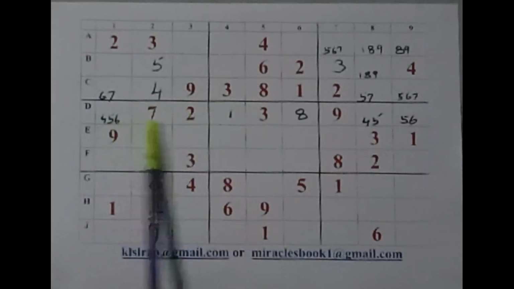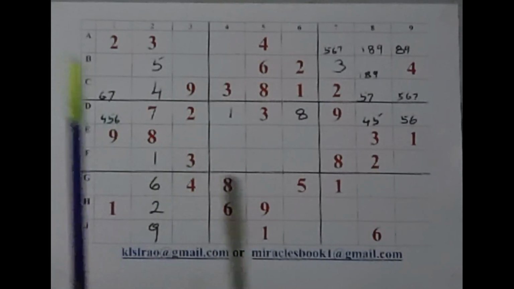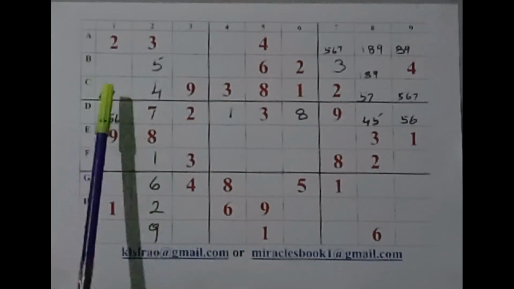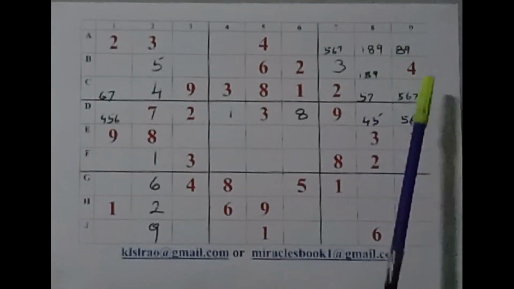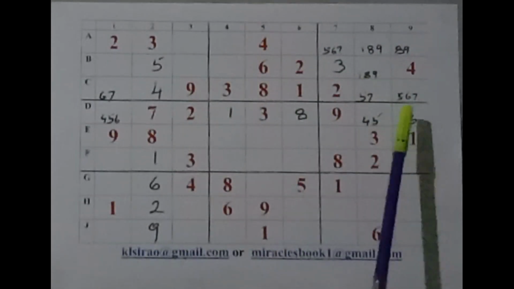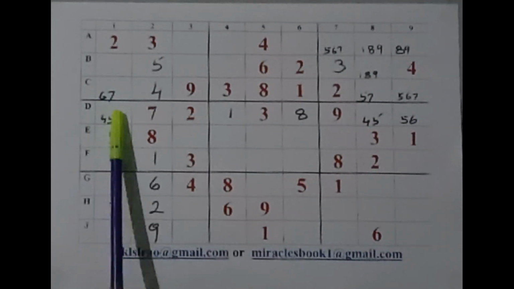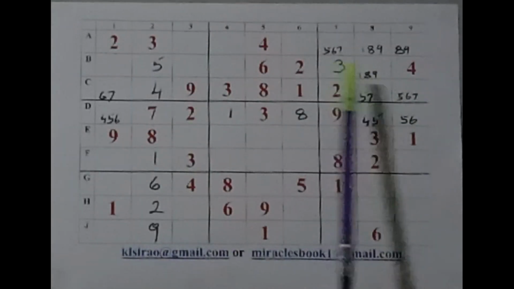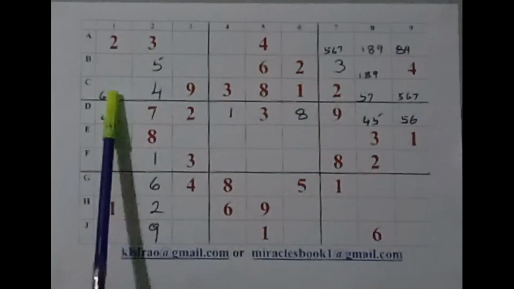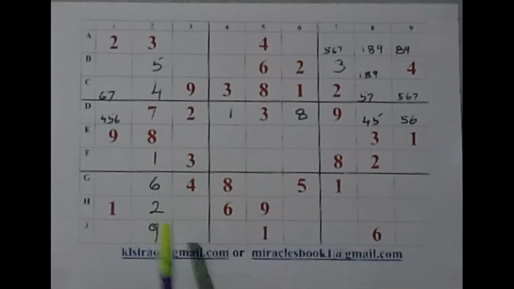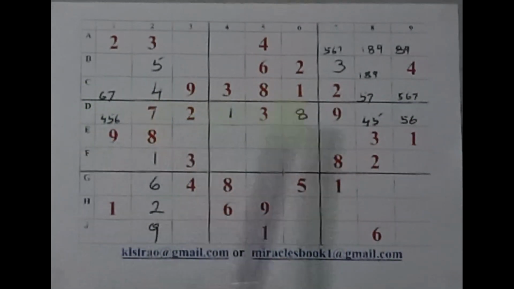The other cells are occupied by other numbers. That means, if by chance we write a 6 here, the next number 6 cannot be here. It has to be here. If otherwise we write a 6 here, the other 6 cannot be here. It has to be here. That means these 4 cells make up an X-wing for number 6.